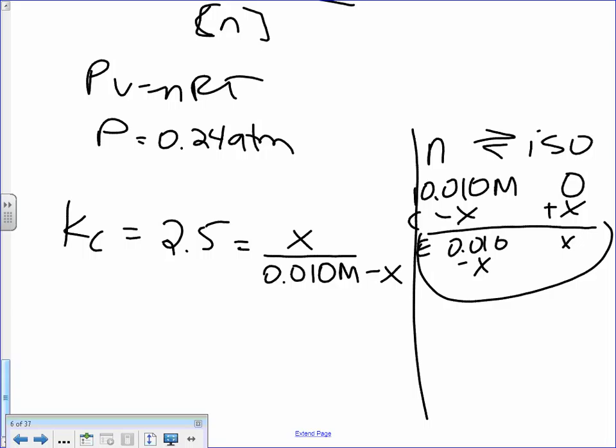And then you can solve for X, and can you neglect X here? No, because this is a 2.5, not small at all. So make sure you multiply across or plug in your solver, whatever you need to do. So 0.010 minus X times 2.5 equals X, and then combine like terms, and then divide, solve for X. So anybody get X for me?